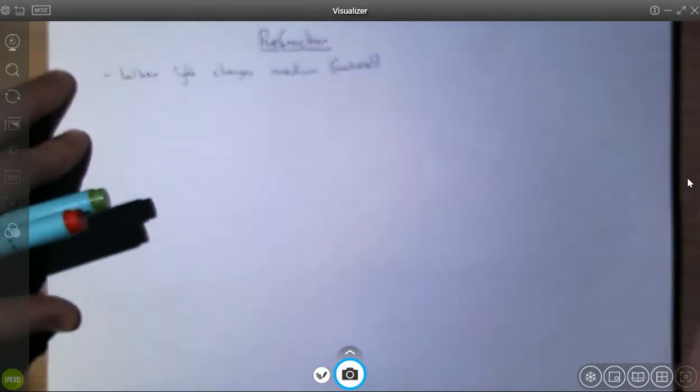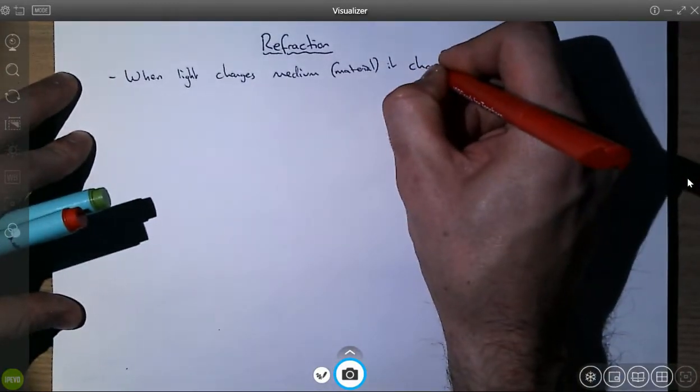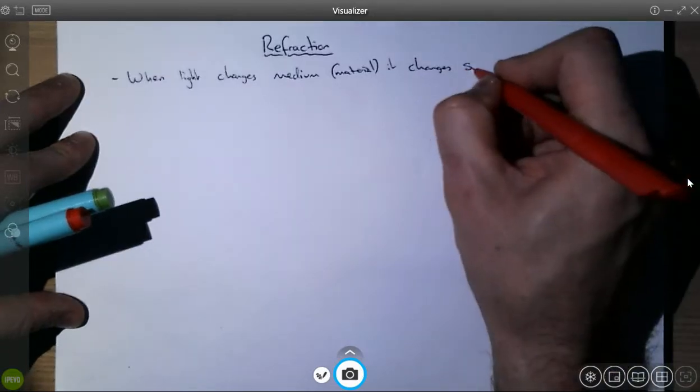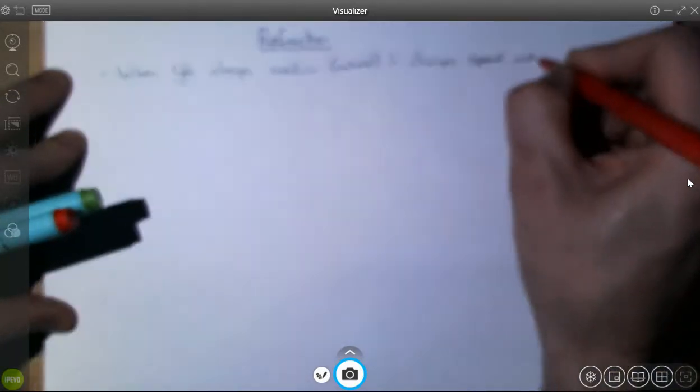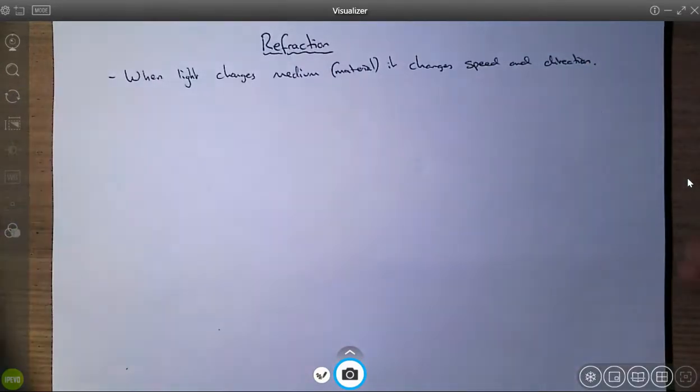So, for example, light, air, glass. It changes speed and direction. All right, that's the most basic idea that we really want to ram home to students, because if they can memorize this, there's a good chance they can remember a lot of other things that are going on.